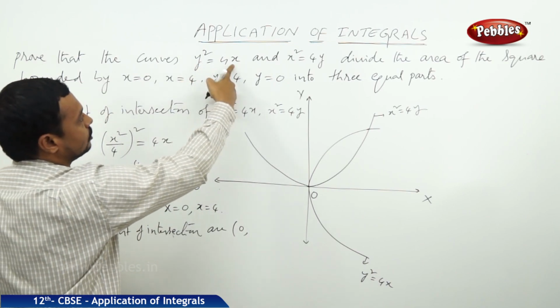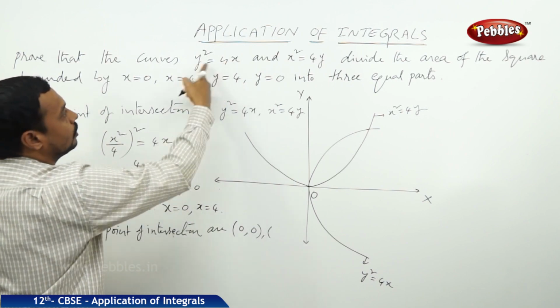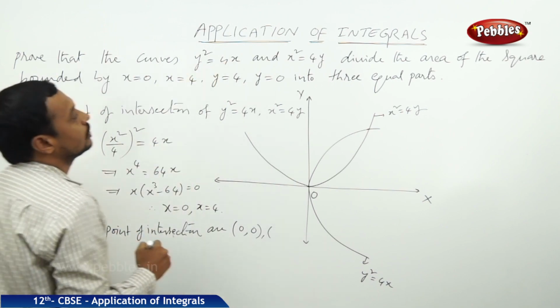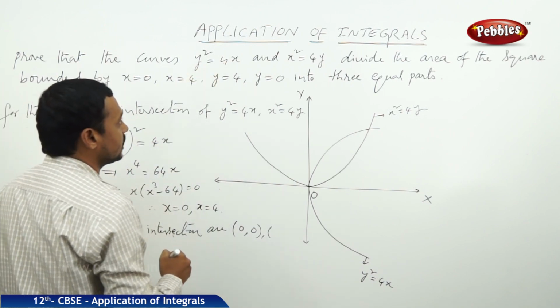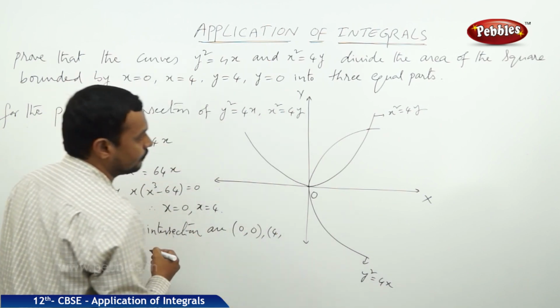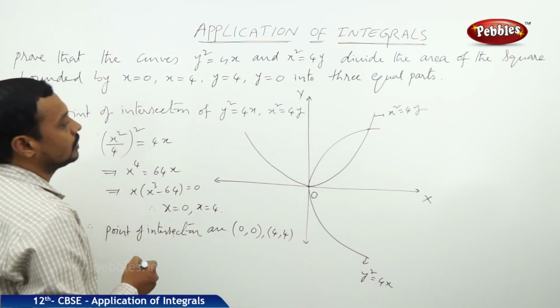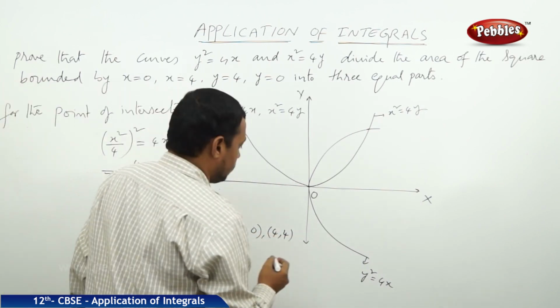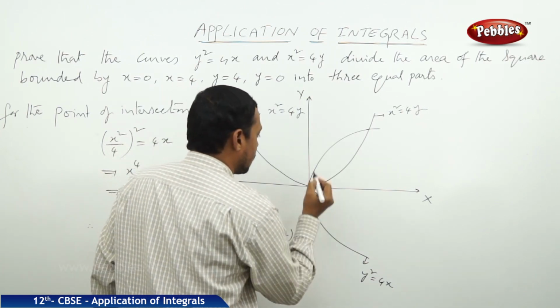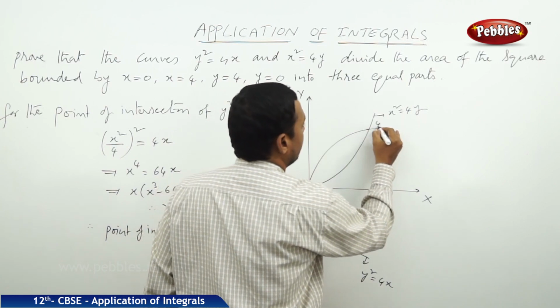Here y square is equal to 0, so y is also 0. And when x is equal to 4, y square is equal to 16, y is equal to plus or minus 4. That means 4 comma minus 4 or plus 4. Now it is 0 comma 0, and this is another point of intersection, 4 comma 4.